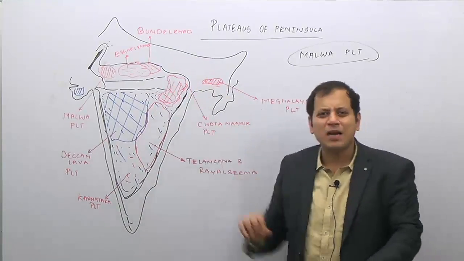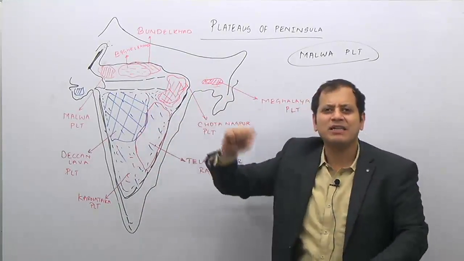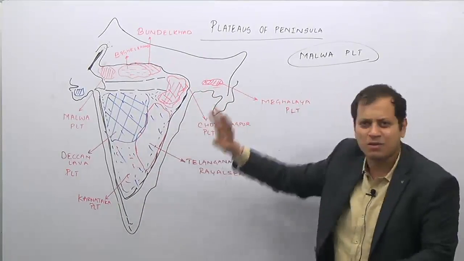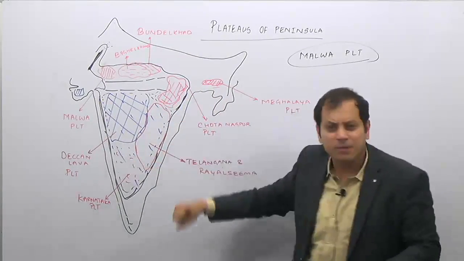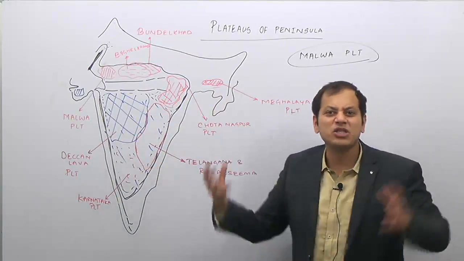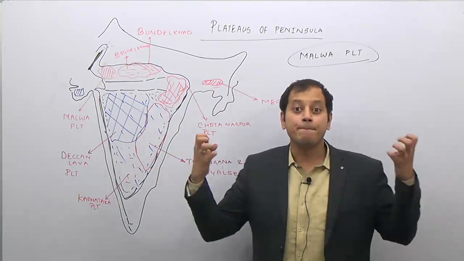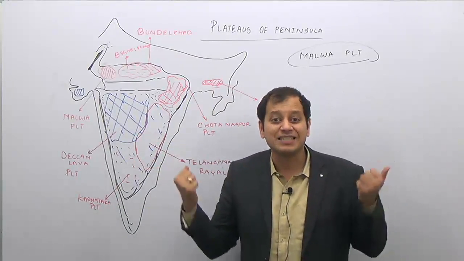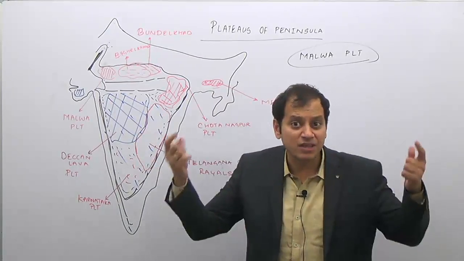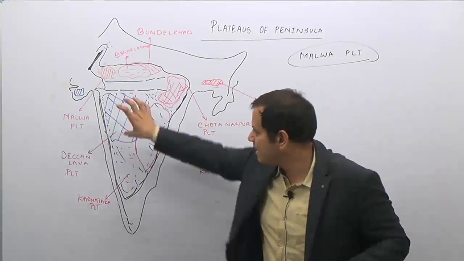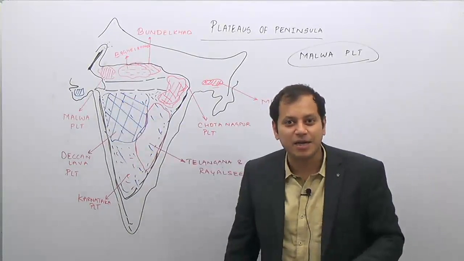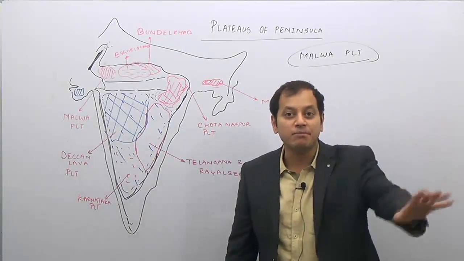So take the Malwa Plateau, Bundelkhand, Baghelkhand, Chota Nagpur Plateau, Karnataka Plateau and the Telangana Plateau. All this is made up of metamorphic rock known as gneiss and schist. Which is the plateau I have missed? I have missed the blue colored part, that is the Deccan Plateau. Why have I missed that?